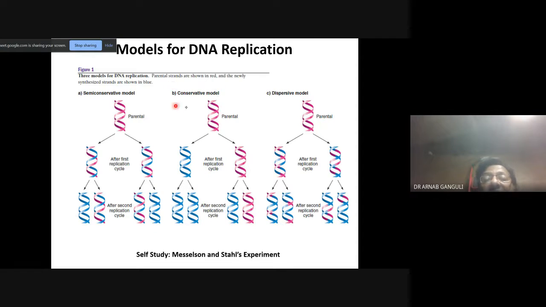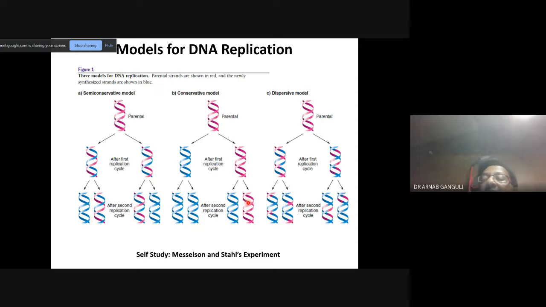In the conservative model, the whole original duplex remains the same, and on top of this a new double strand is formed. This gives these two strands, and this gives these two strands. The blue strands are the new ones which are formed, and the pink is the old one.